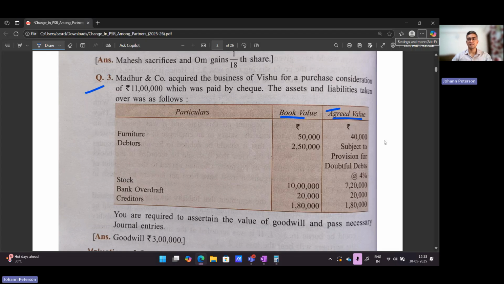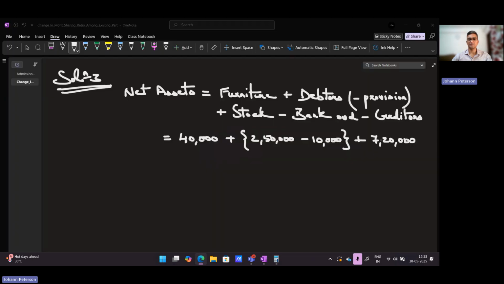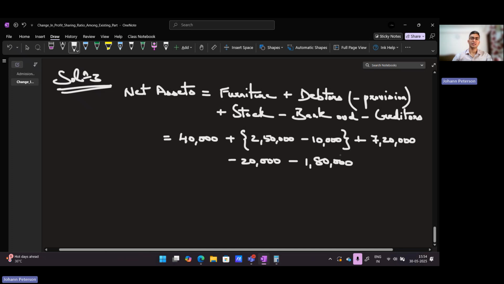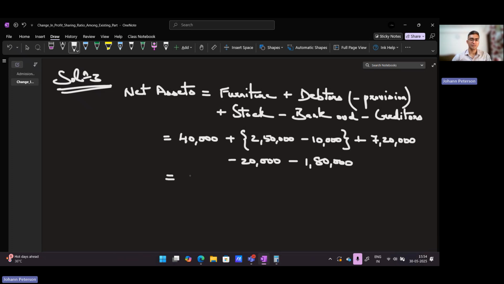Then minus 20 and minus 180. So this comes out as 40,000 plus 240 plus 720 minus 2 lakh, which is 8 lakh. So net assets are 8 lakh.